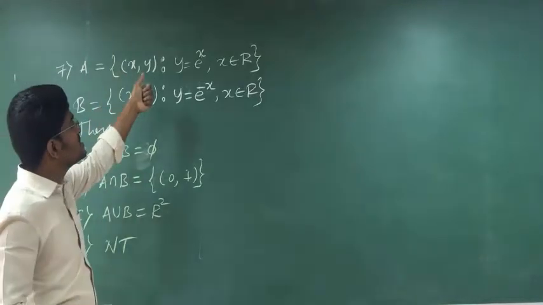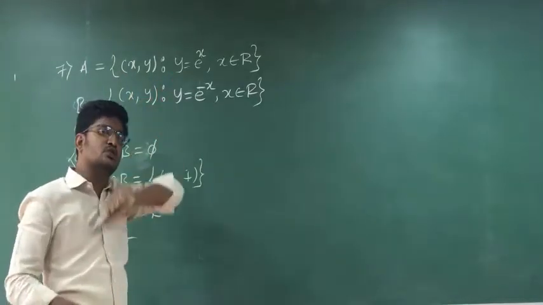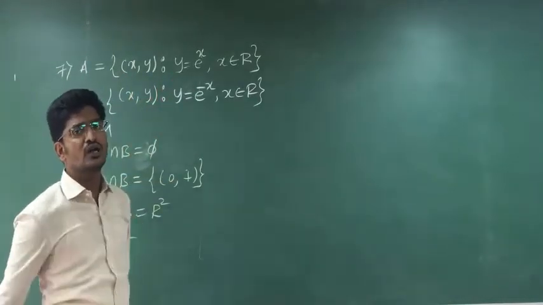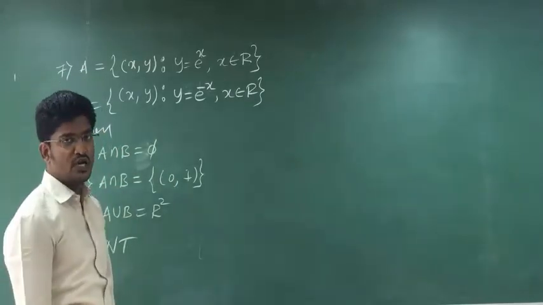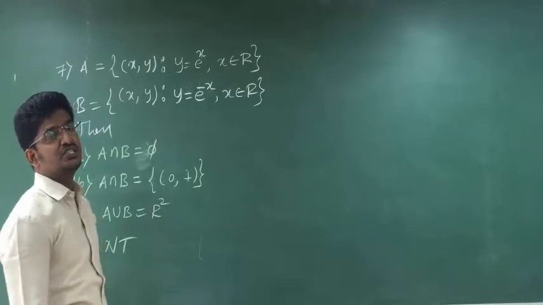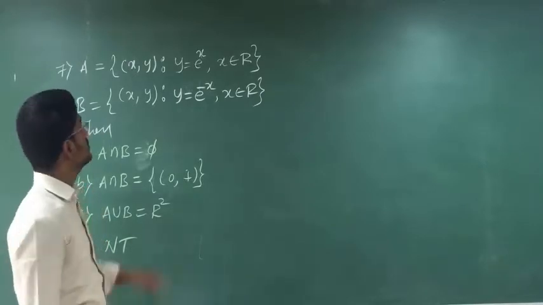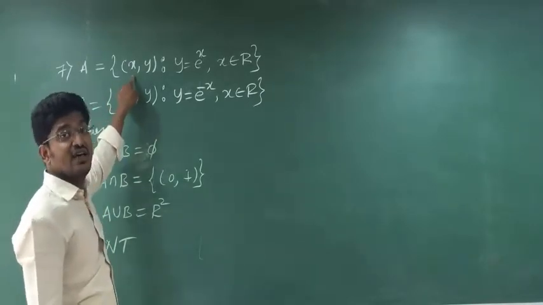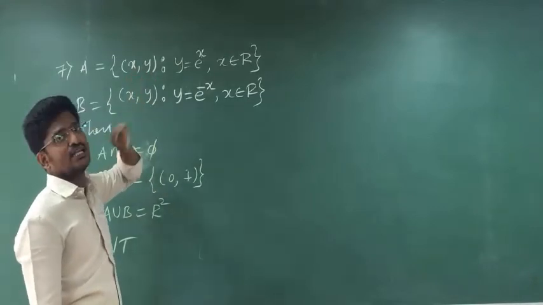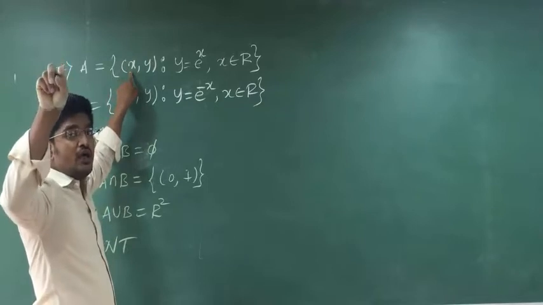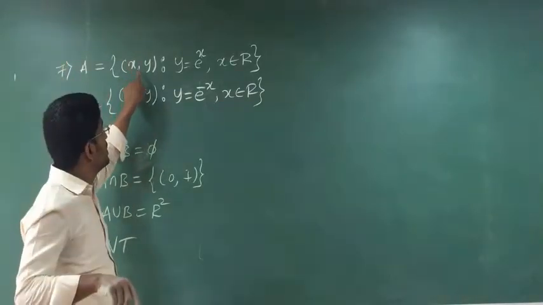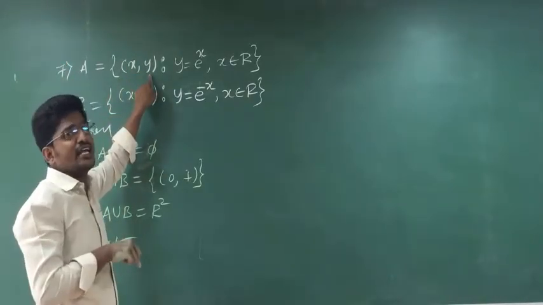So what he is telling, y equals e raised to x, x belongs to R. That means exponential function. Elements for x are collected and its images are collected. Are you getting my point? x is 1, e power 1 is collected.